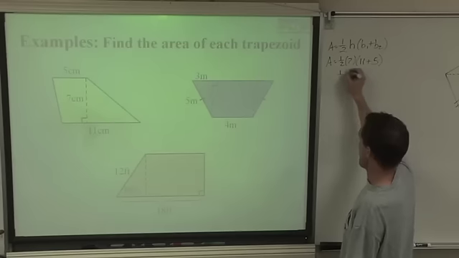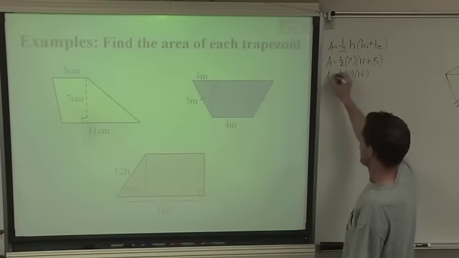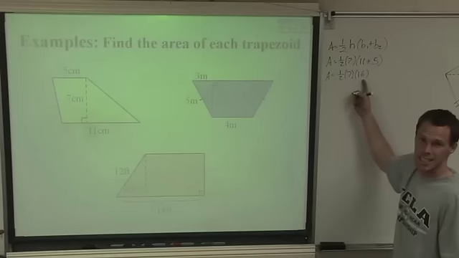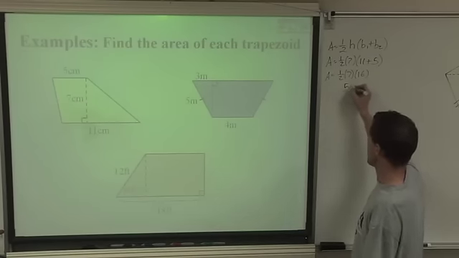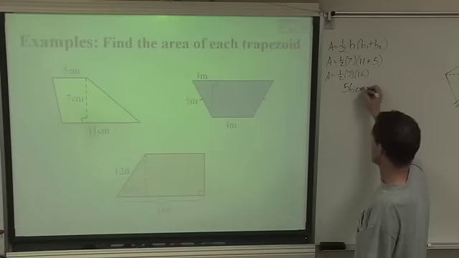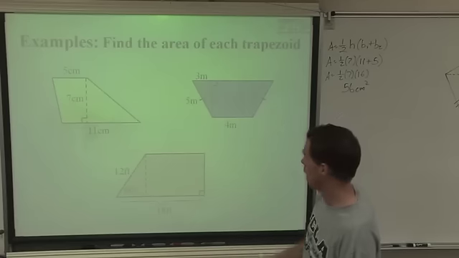This becomes 1/2 of 7 times 16. Half of 16 is 8, and 8 times 7 is 56. So we have 56 centimeters squared. That's example number 1.